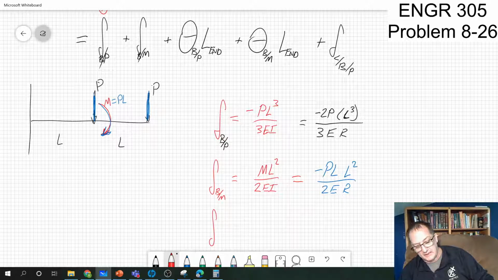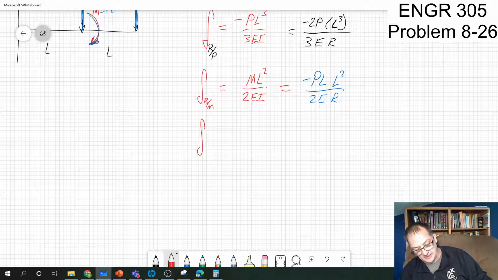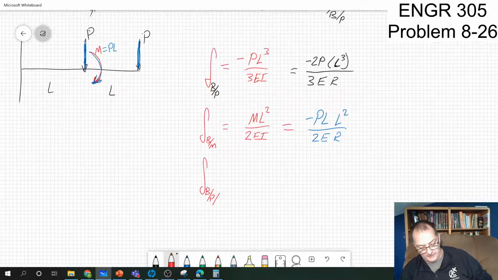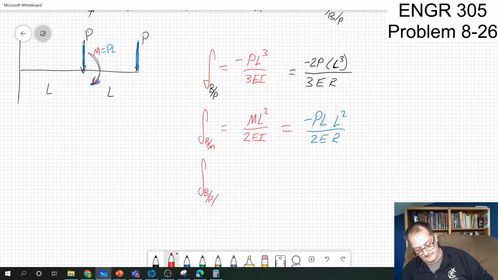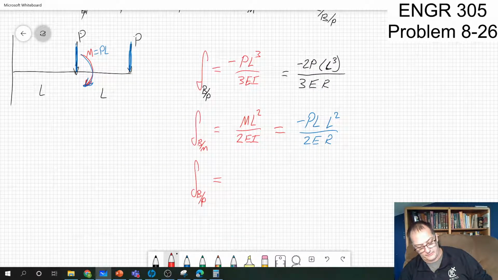This is theta at B, the twist at B, as a result of the point load, and then I have to multiply it by the distance to the end. Sorry, that's not what I want to write.